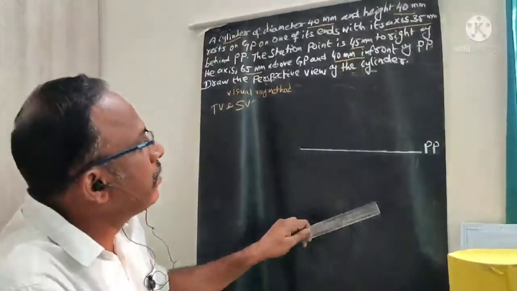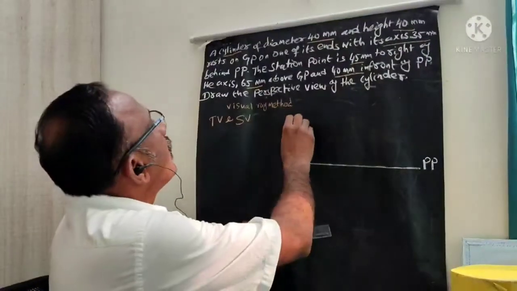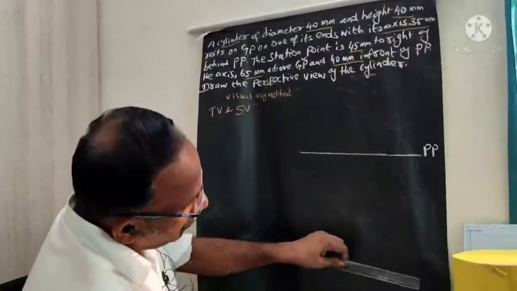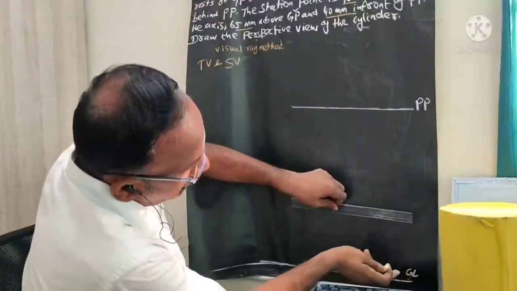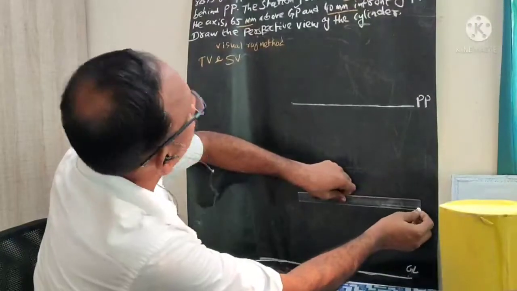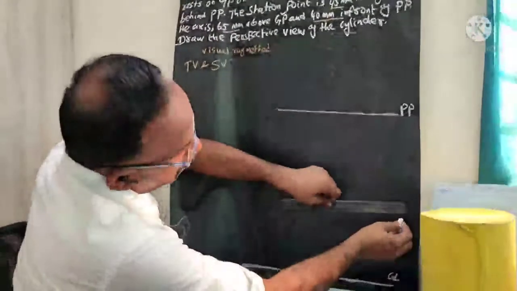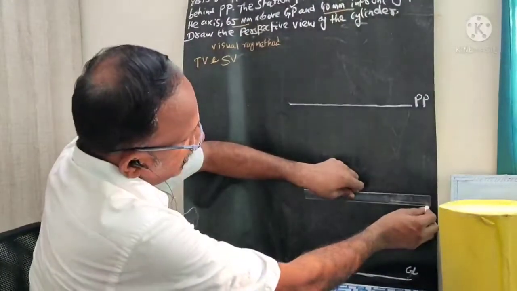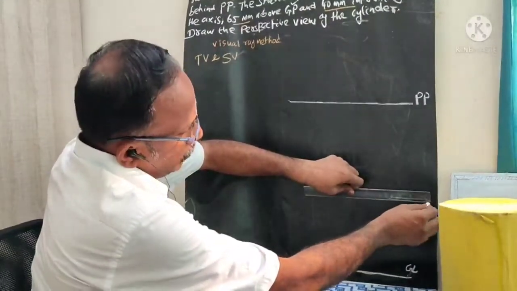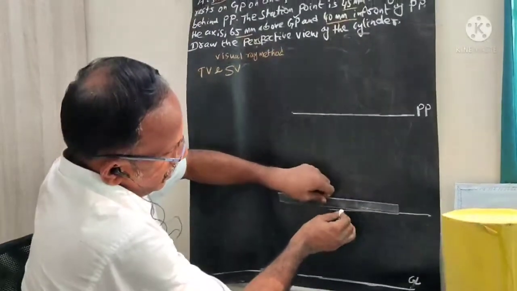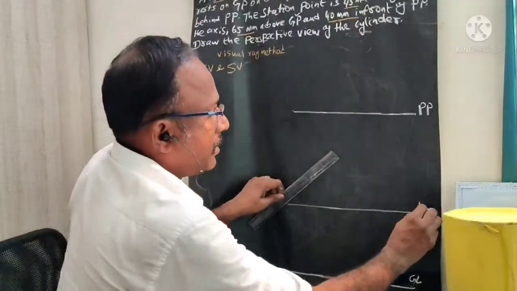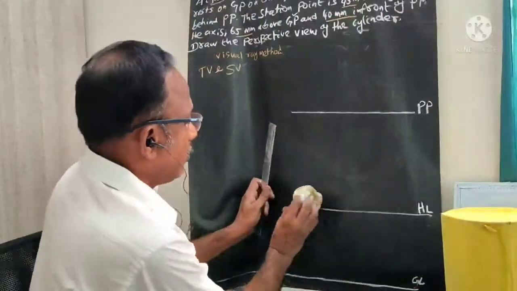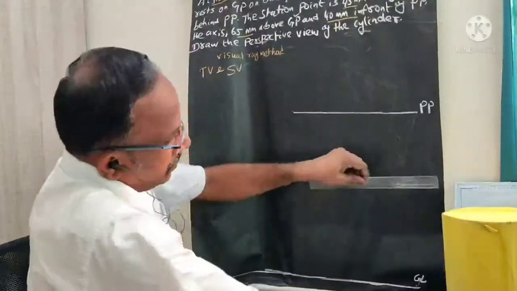Now I would like to draw another line, which is 65 mm above GP, which represents the horizontal line. From the ground line I will draw another line 65 millimeter above. It represents my HL line.